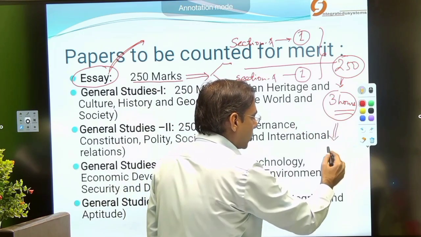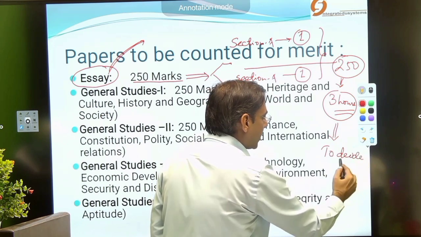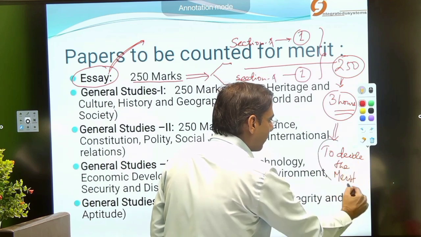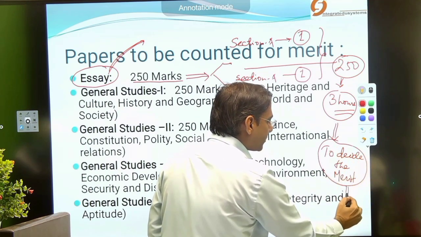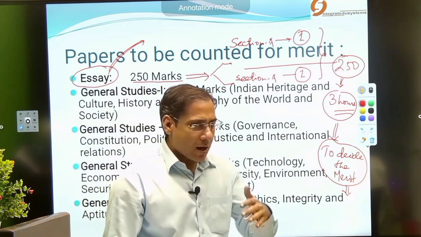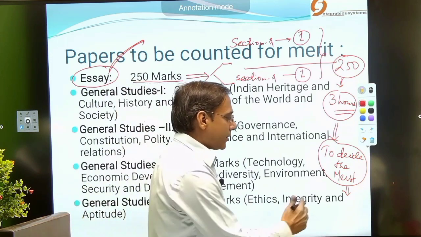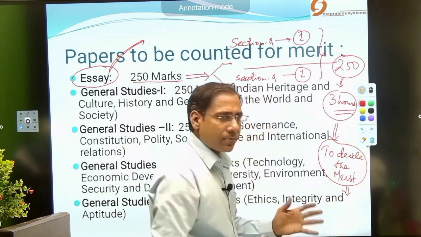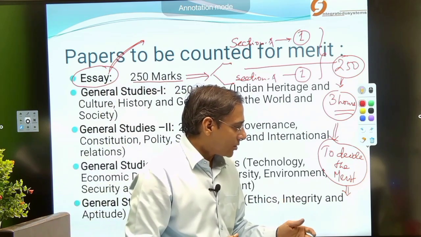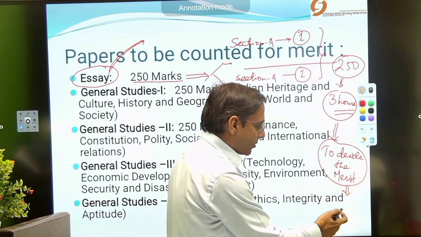To decide the merit of a candidate, this paper has a very crucial role, because when you look at the marks of the selected candidates, you find there is a huge gap between aspirants' marks and successful candidates' marks.